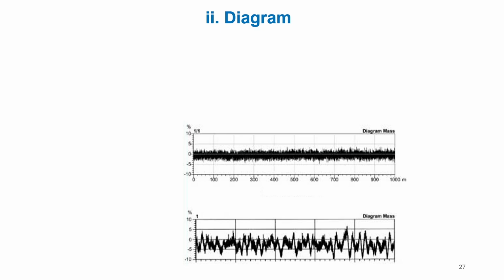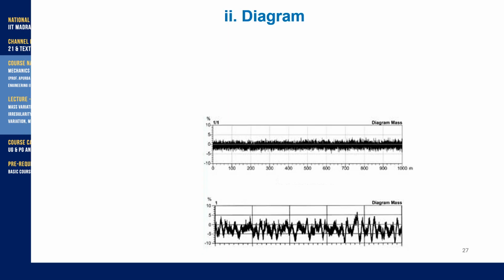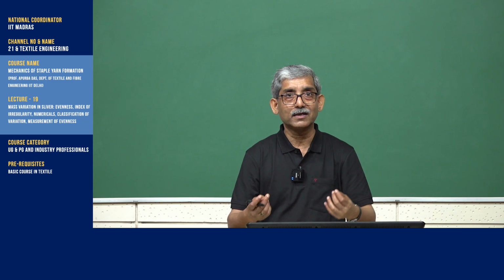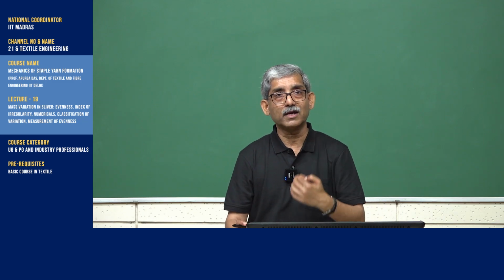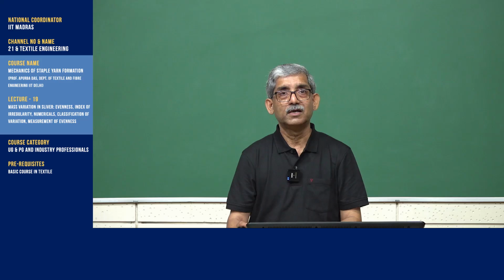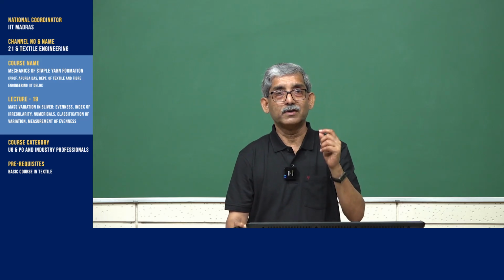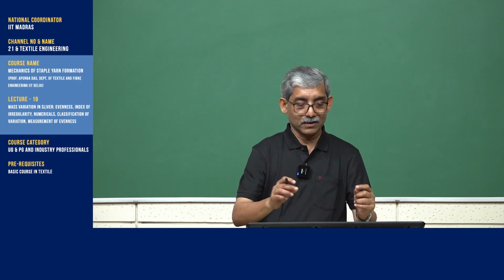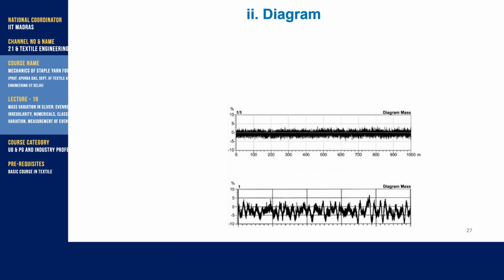The next one is the diagram. What is a diagram? Diagram does not literally mean any picture. It is not that. Here in the electronic capacitance tester, we use the term diagram to express the curve which follows the mass variation.